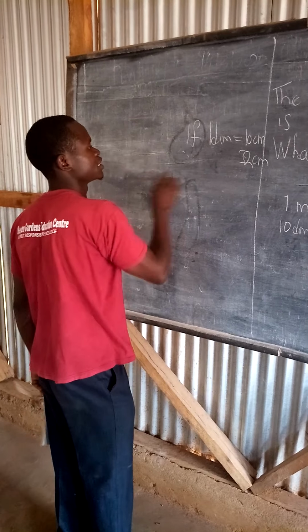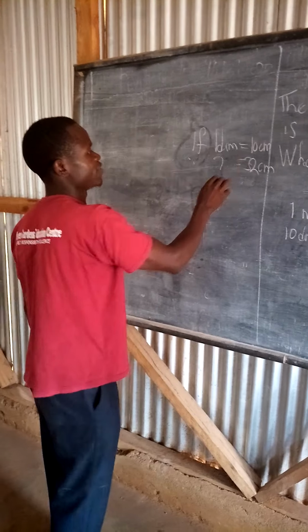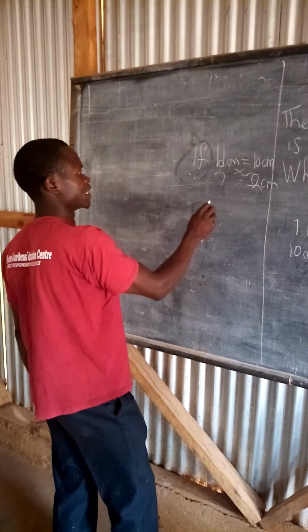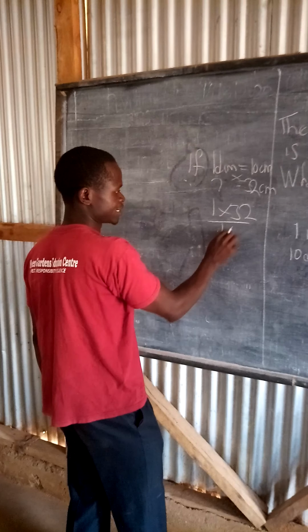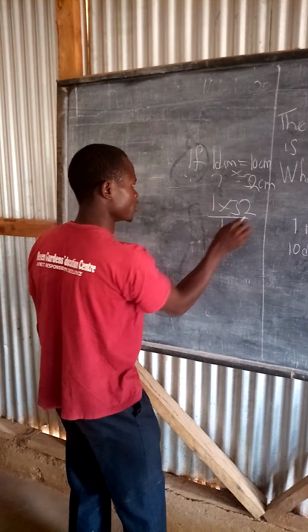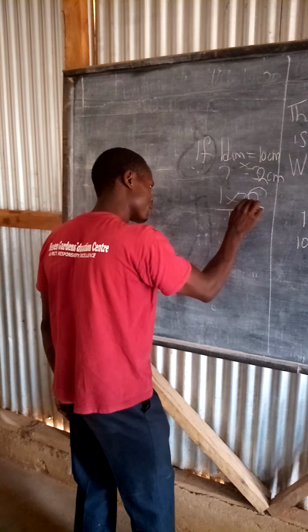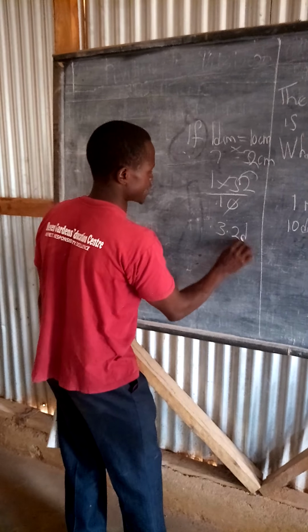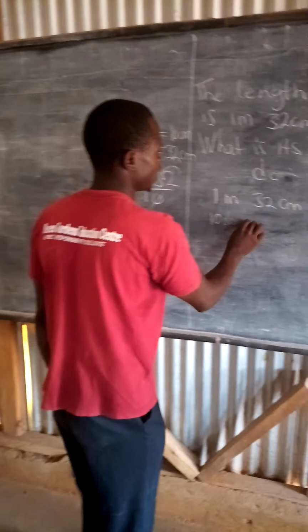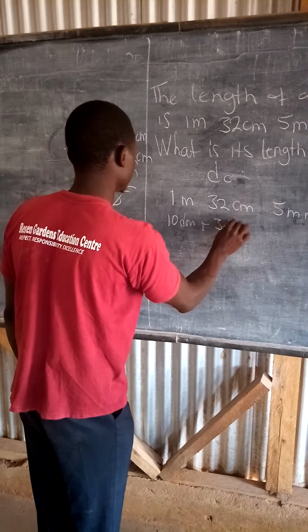It will give us how many decimeters? Then we cross multiply. This will give us 1 times 32 divided by 10. Cancel this 0, bring your decimal point here. This will give you 3.2 decimeters. Here we will have 3.2 decimeters.